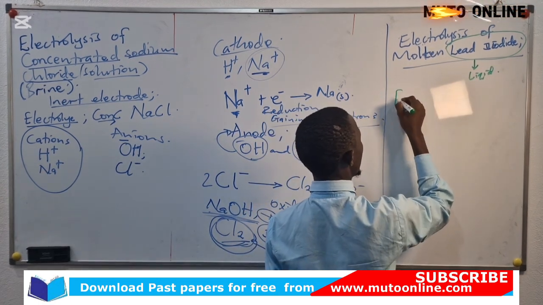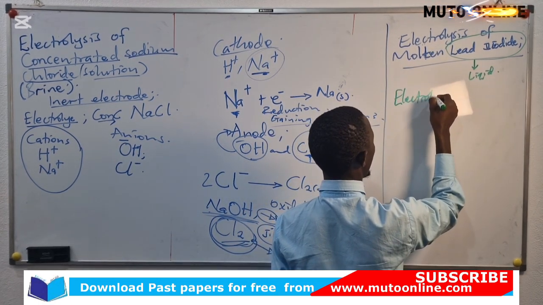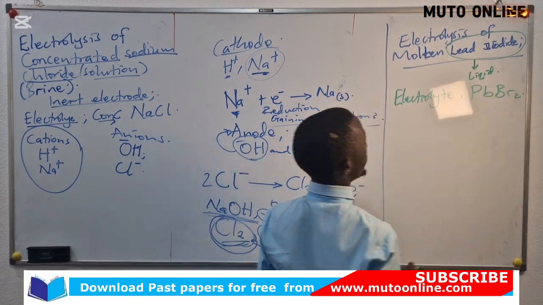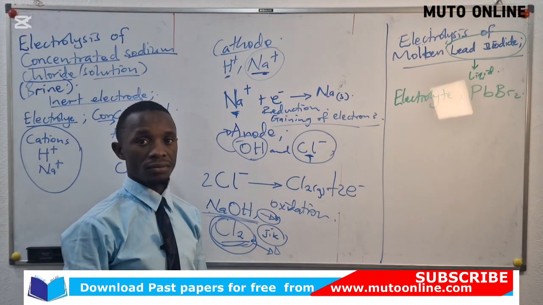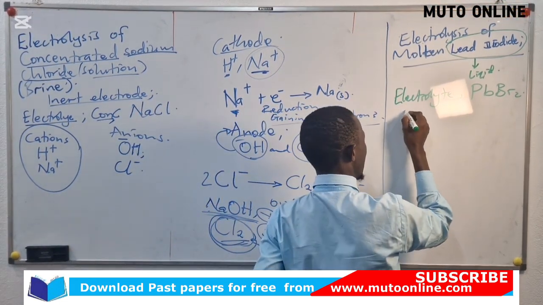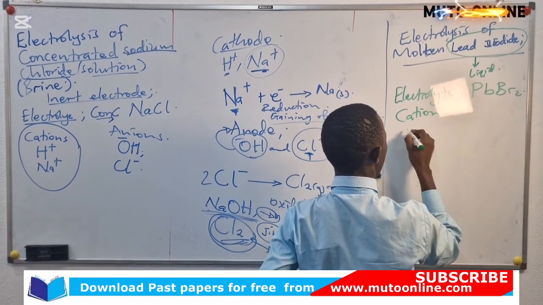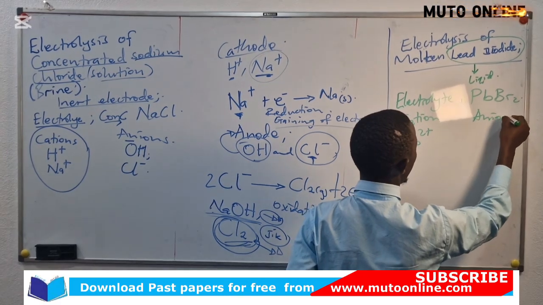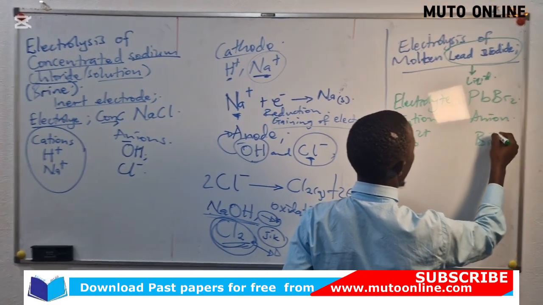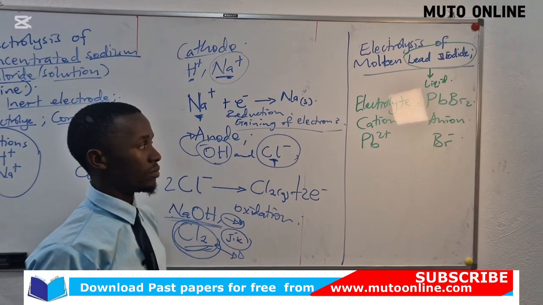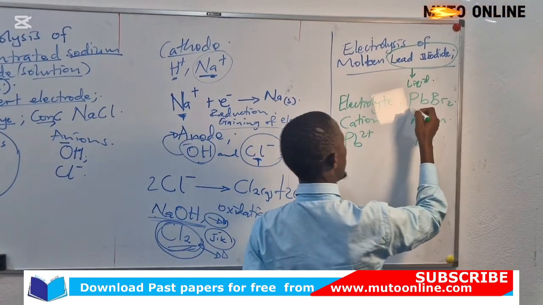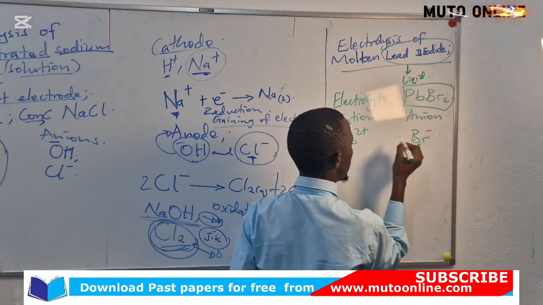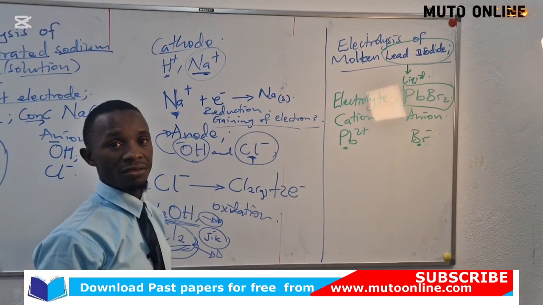So the electrolyte is lead II bromide, meaning that the cations present are only lead II ions, and the anions in it are only the bromide ions. So once an electric current passes through this, it will decompose to give lead II ions and bromide ions in it.